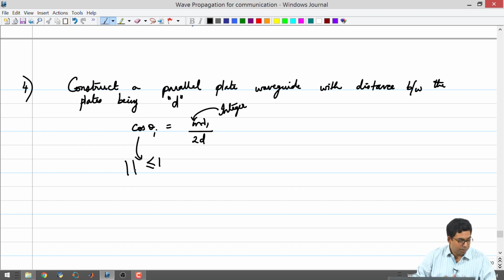Okay. Now, we have to look at this even more closely. Is there a constraint on the resolution of the angle, or is there a constraint on something else?